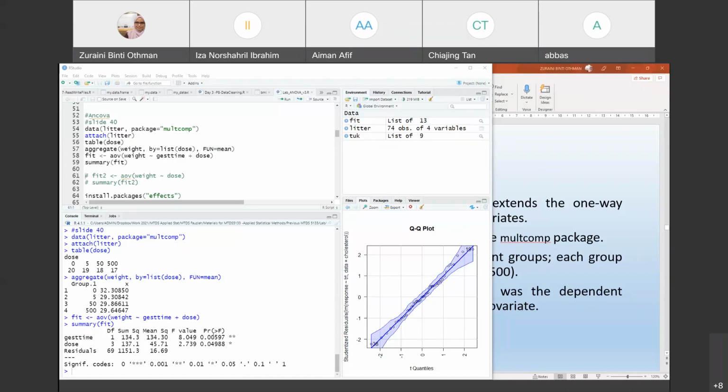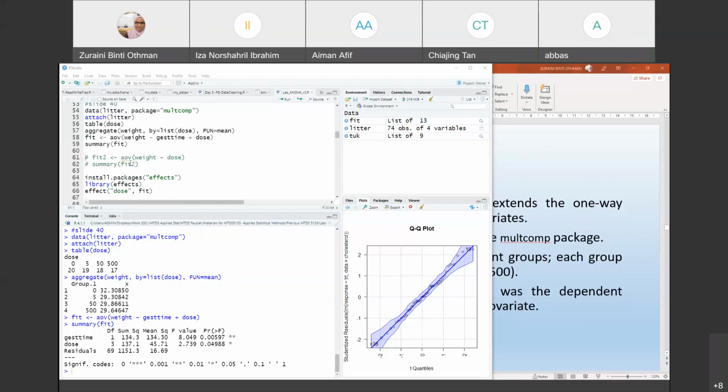Because you are using a covariate, you may want to obtain adjusted group means. Just now we adjusted the group by their mean. Now we are using the effects package.